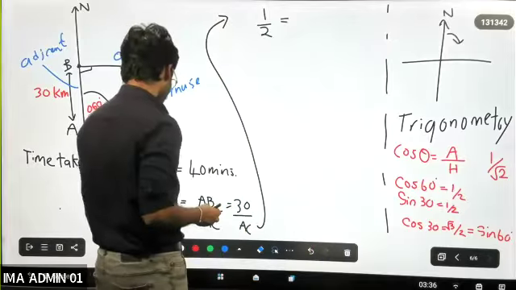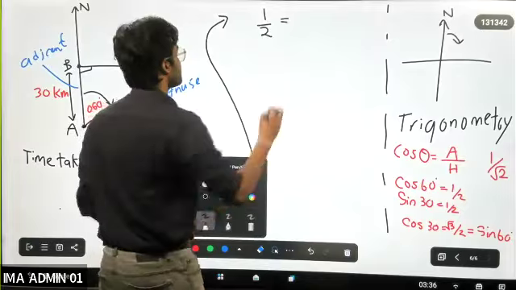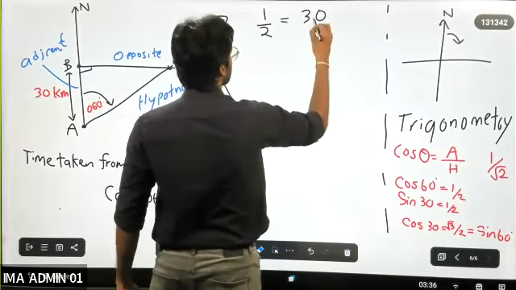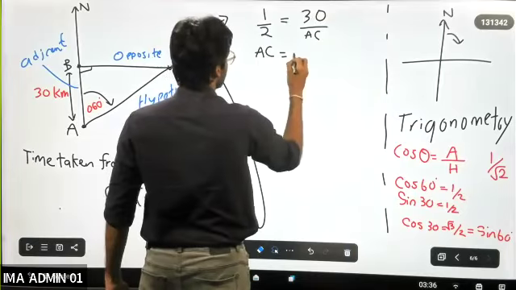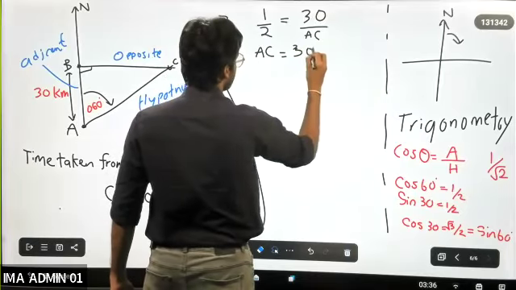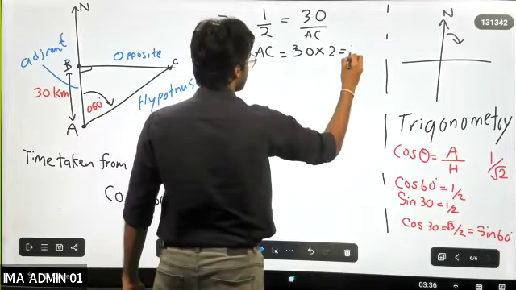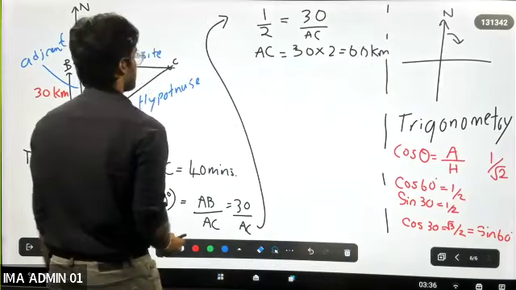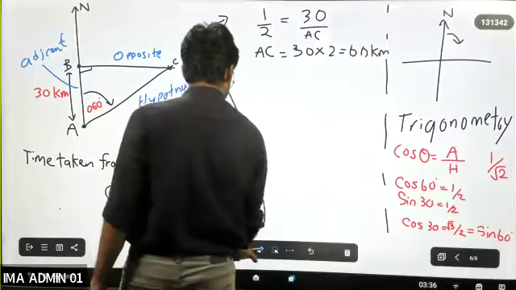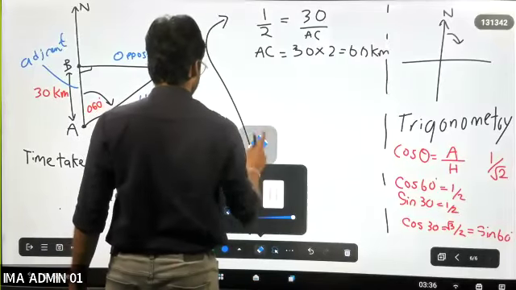So in here it's half, then it's equal to 30 by AC. So AC is equal to 30 multiplied by 2, which is 60 kilometers. Right? Clear?